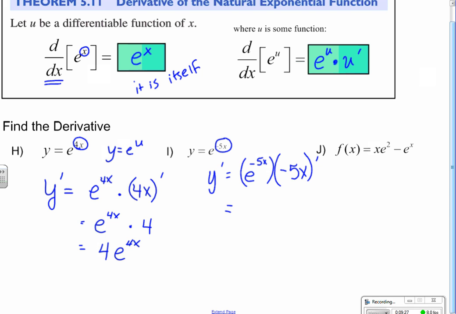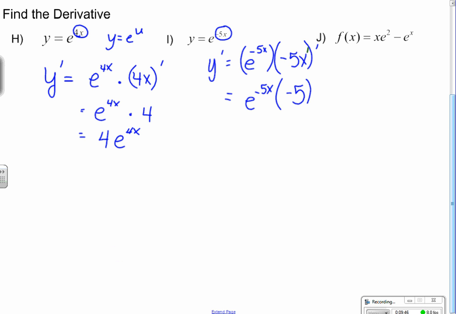And that will give us e to the negative 5x, it is itself, and then the derivative of negative 5x will be just negative 5. Because this x has a power of 1, right? The 1 comes down, multiplies by the negative 5, and then the exponent of x goes to 0, and x to the 0 is 1. This will be negative 5e to the negative 5x.